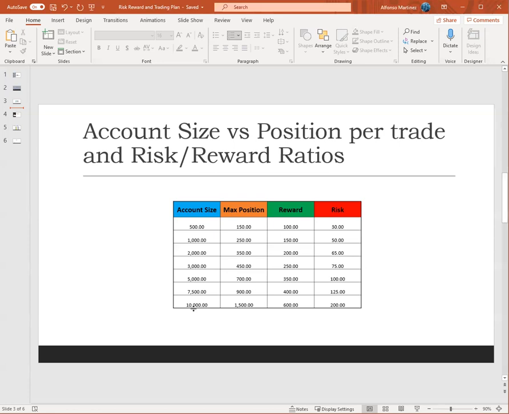But most of us, sometimes we have a 10,000 or less account, and our first goal is to get to 25K, so we don't have the problem with the intraday pattern or that kind of issues that we face every day.